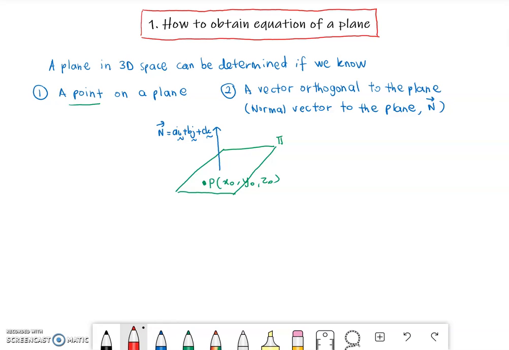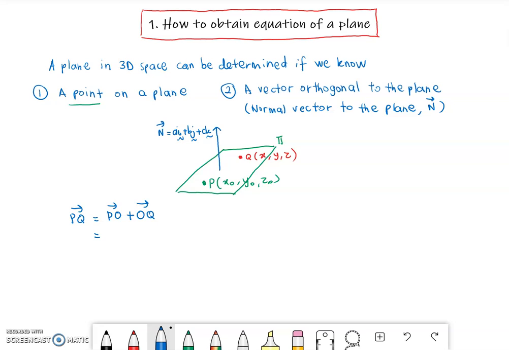Okay, now we want to obtain the equation of a plane. Before that, let us assume a point Q, where this point Q can be any point on plane pi. So let's say Q is stated here, and the coordinate of the point is given as x, y, and z. So now, we want to identify what is our PQ. Our PQ can be obtained by the vector PO plus OQ. However, what we have here is our OP and our OQ.